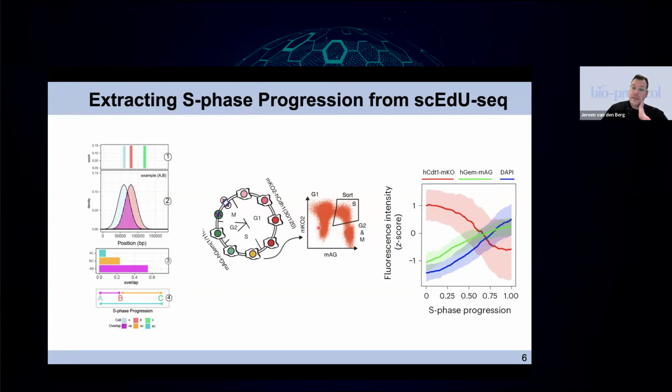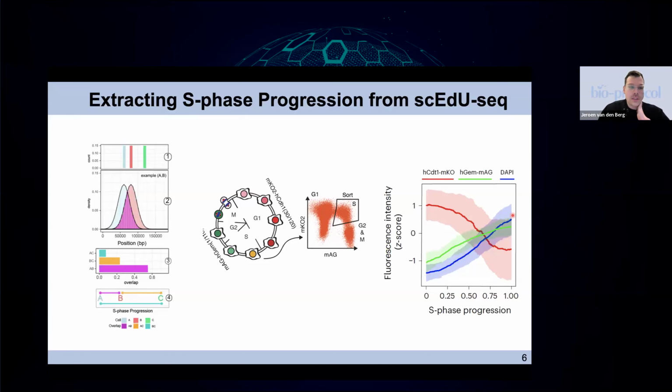And then this red decreases as a function of the cell cycle, which we also observe over here. And the green signal seems to accumulate as the cells progress further into the cell cycle. And maybe even more importantly here, the DAPI signal, so the DNA content, also positively correlates to the progression throughout S phase. So cells start their DNA replication journey over here, and then they increase their DNA content as they progress through the cell cycle, progress through DNA replication.